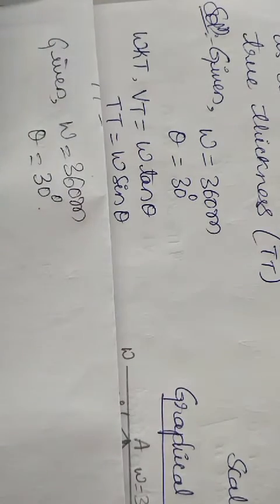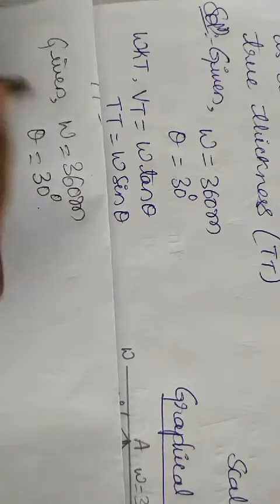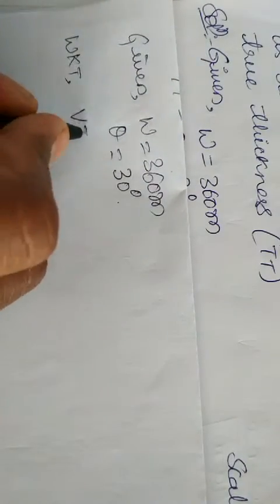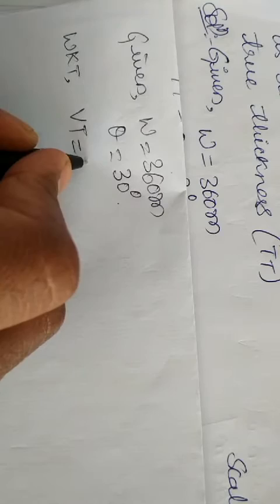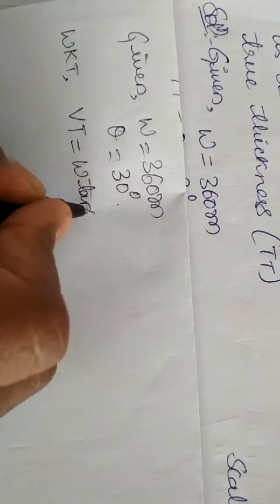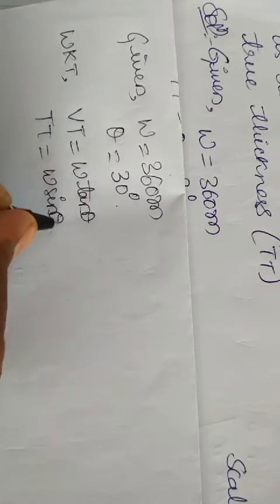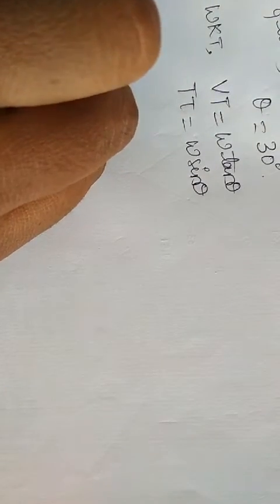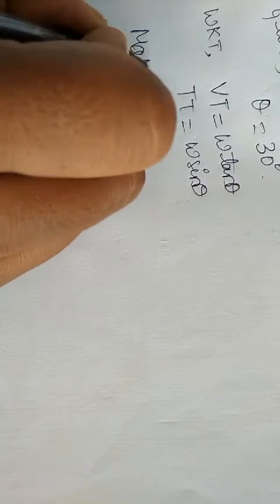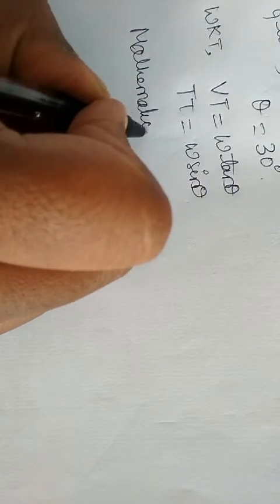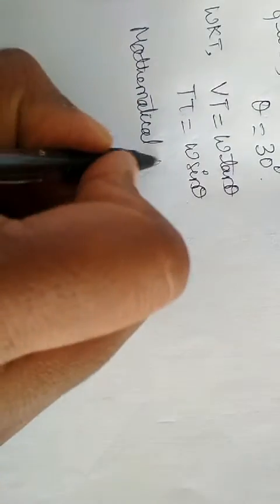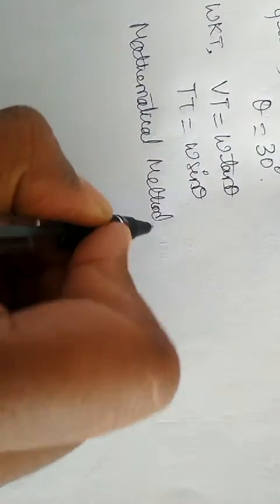For the mathematical method, we know that Vt is equal to W tan theta and Tt is equal to W sin theta. These are the two formulas we make use of in the mathematical method to go with the solution of the problem.